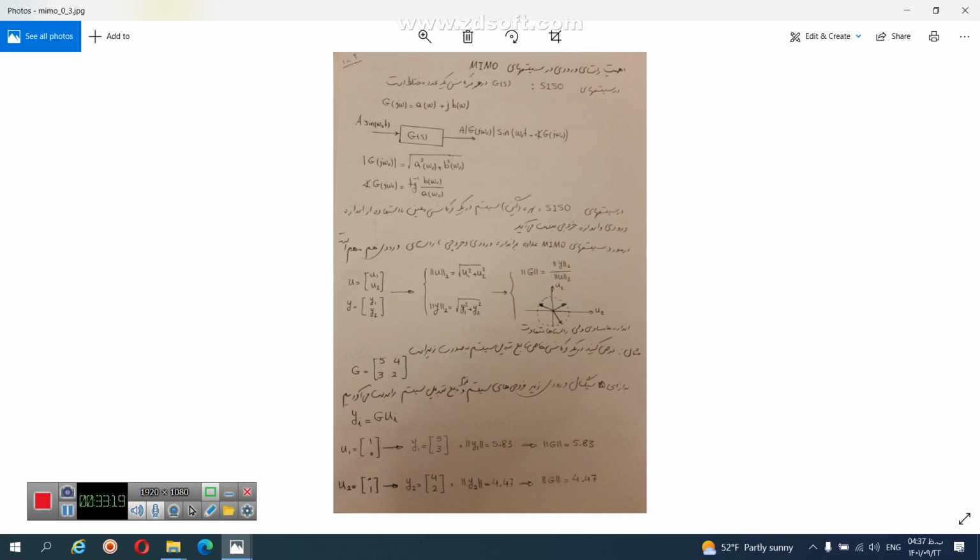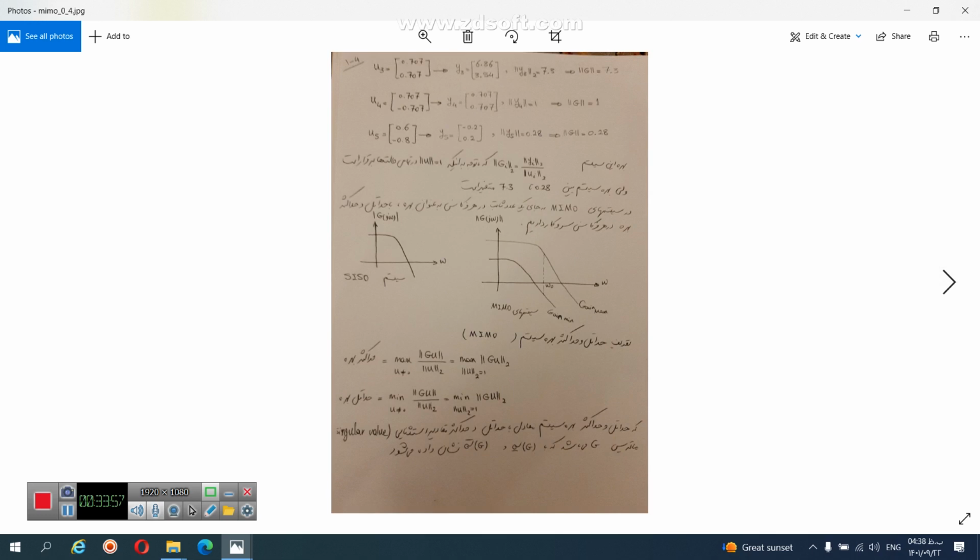It's very important in MIMO. Based on your input and output, you cannot find the gain of the system. In a SISO system, if you have an input and output, you can find the transfer function. But in a MIMO system, it's impossible, because in addition to input and output, you should know the direction of the inputs.